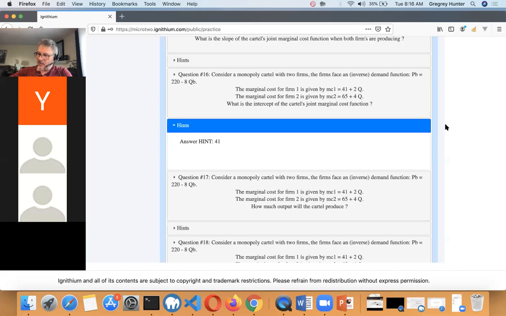And then, I don't know if you see my illustration, but the dashed line here represents the MC joint. And by the way, Greg or somebody, you might want to turn down your volume or mute your mic for a minute because I get feedback.